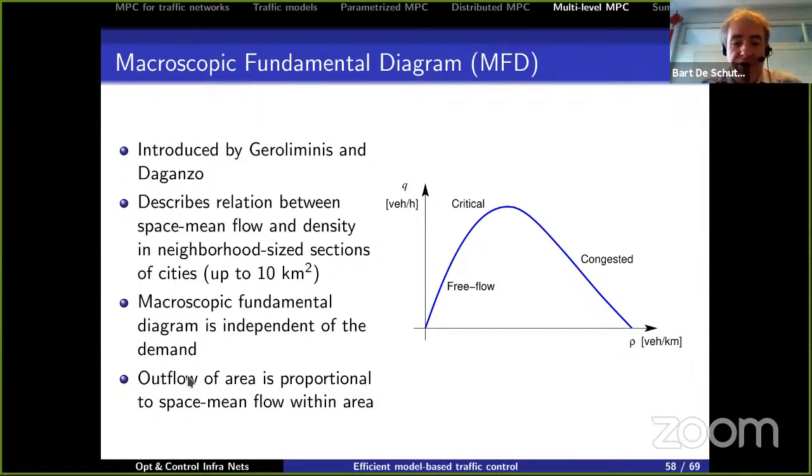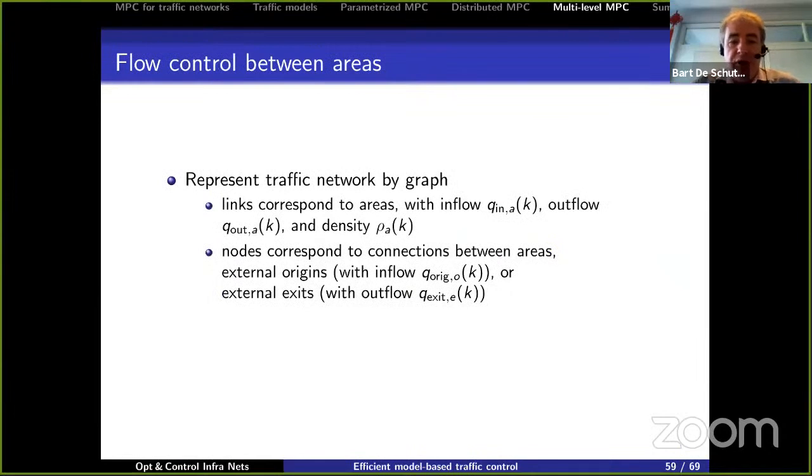And there's also a law that says that the outflow of the area is proportional to the flow within the area. And that's actually a law that we are going to use. So we are going to represent our whole network by a graph where links correspond to areas. So areas have a certain inflow and a certain outflow and also a density. And then if two areas connect, that's represented by a node.